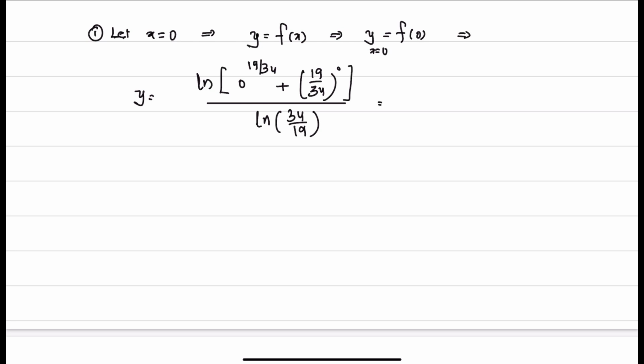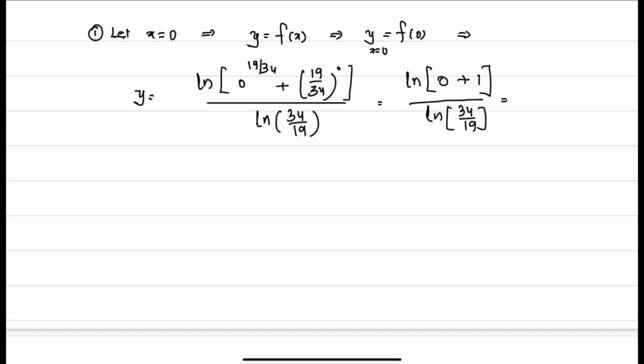That is equal to ln of 0 to the power of something is 0, plus 19 by 34 to the power of 0, that is something to the power of 0 is 1, whole divided by ln 34 by 19, it is a number and it's a constant.